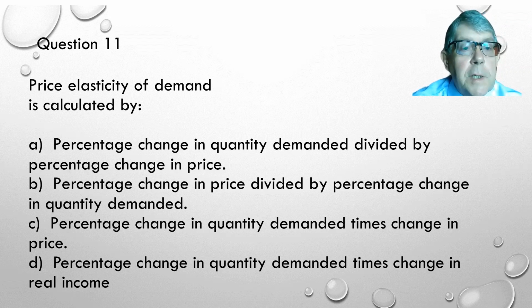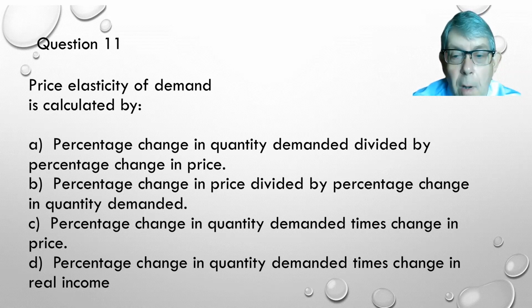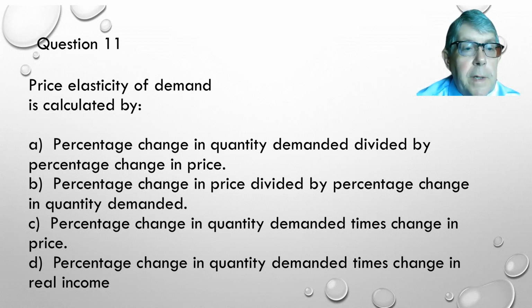Question 11. Price elasticity of demand is calculated by A, percentage change in quantity demanded divided by percentage change in price. B, percentage change in price divided by percentage change in quantity demanded. C, percentage change in quantity demanded times change in price. Or D, percentage change in quantity demanded times change in real income.